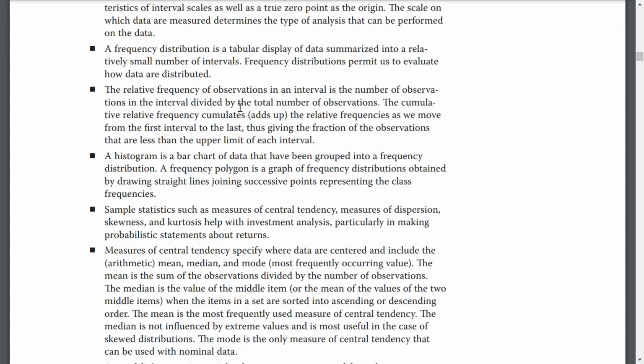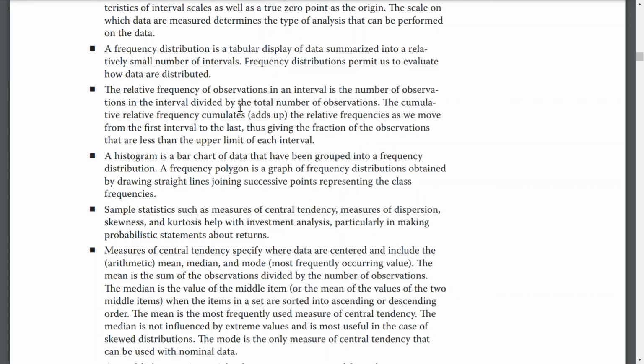The cumulative relative frequency accumulates, aka adds up, the relative frequency as we move from the first interval to the last, thus giving the fraction of the observations that are less than the upper limit of each interval. A histogram is a bar chart of data that have been grouped into a frequency distribution. A frequency polygon is a graph of a frequency distribution obtained by drawing straight lines joining successive points representing the class frequencies.